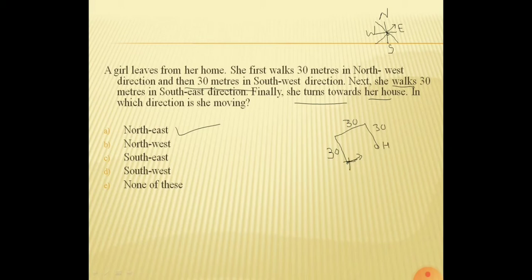The final point she reached is considered the origin, and for north, south, east, west we always consider the point where the person is starting as the origin in the direction diagram. So finally she is walking towards northeast. So the answer is option A.